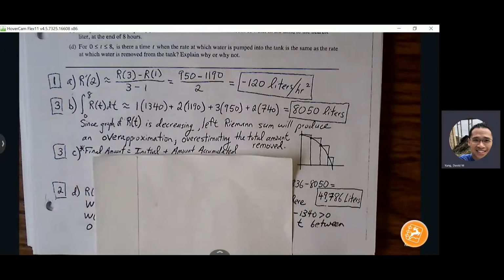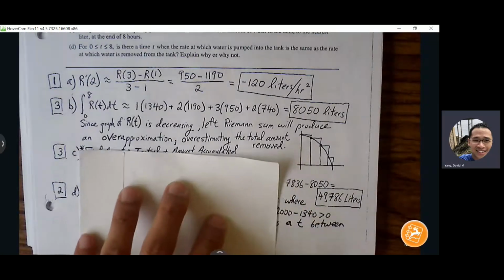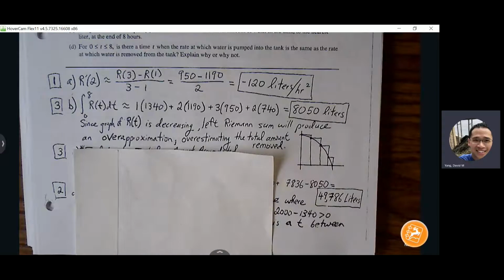Okay, so we should get 8050 as the area, and so that's our approximation. That between 0 and 8 hours, 8,050 liters of water has been removed or has been drained from the tank. It's also asking if this left Riemann sum that we found is an over approximation or under approximation.